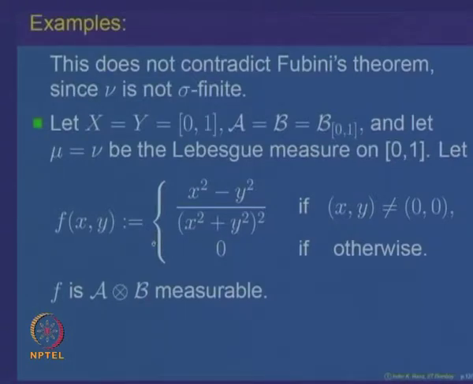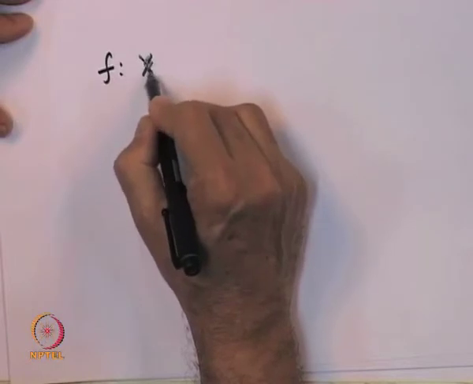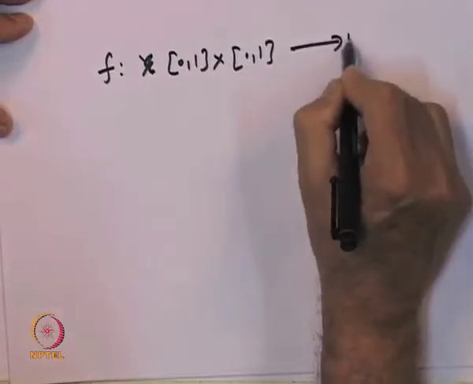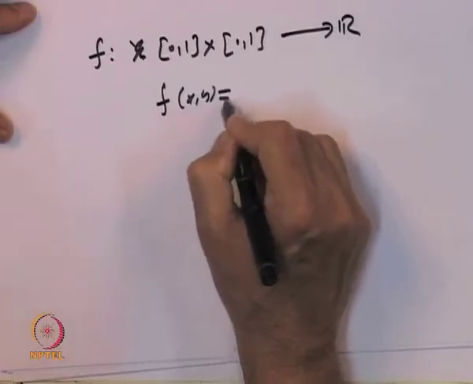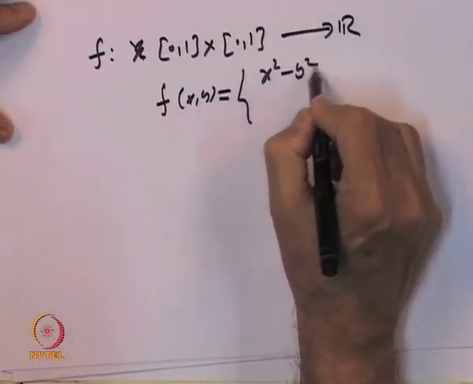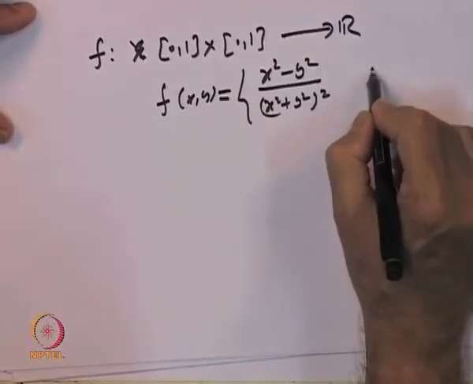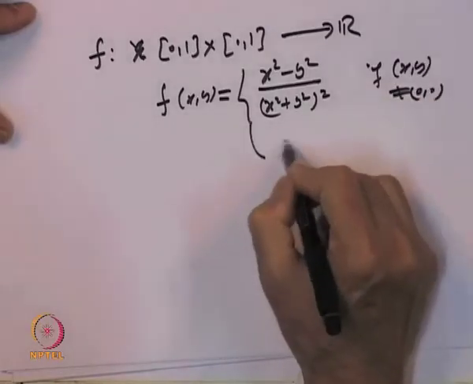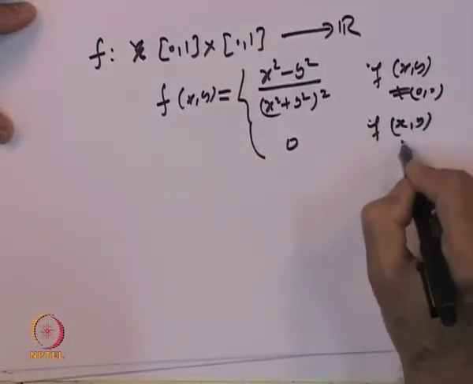Okay. So, let me just write down the steps, so that you are able to verify yourself later on. So, let us look at the function f on X cross Y. So, that is [0,1] cross [0,1] to R. So, this is a function which we are saying is f(x,y) equal to (x square minus y square) divided by (x square plus y square) whole square if (x,y) is not equal to (0,0), and it is equal to 0 if (x,y) is equal to (0,0).